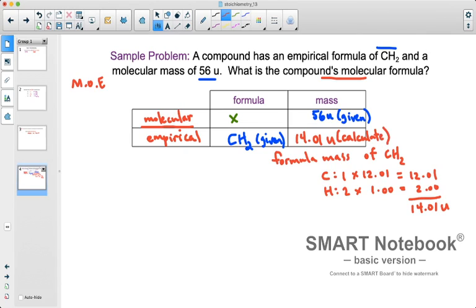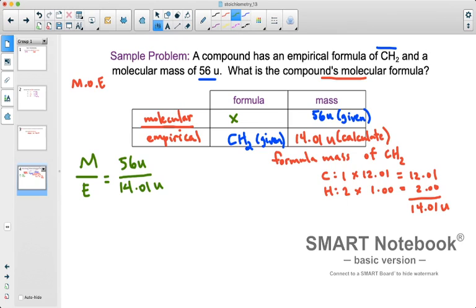Now, we're not even done. The shortcut was Mo finds the factor. So Mo, molecular over empirical, is what we're going to do mathematically. I'm going to take the molecular mass of 56 atomic mass units, and I'm going to divide it by the empirical mass, which I calculated, of 14.01 atomic mass units.